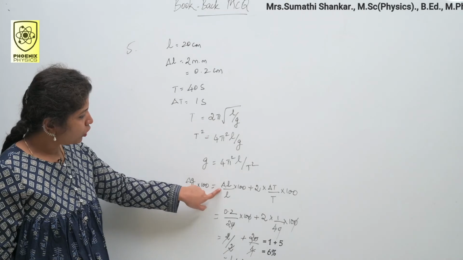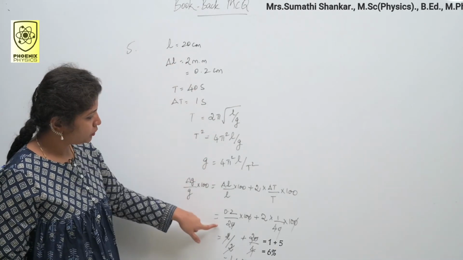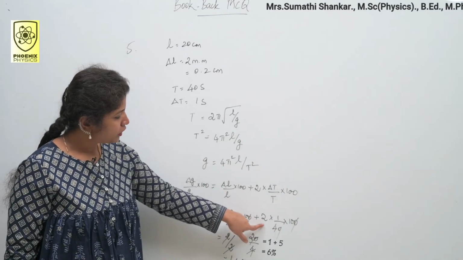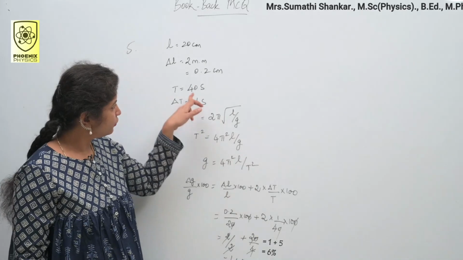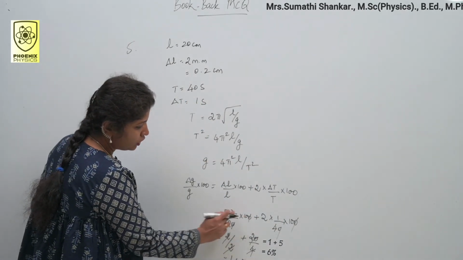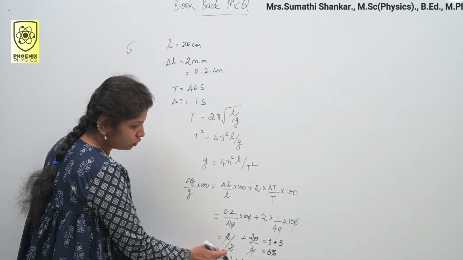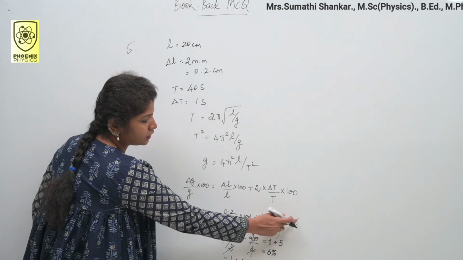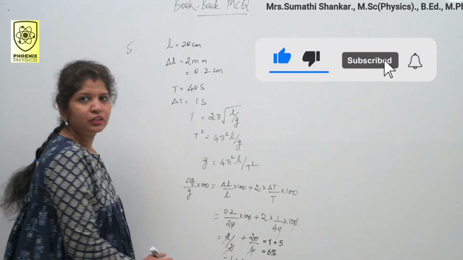Substitute the value. What is delta L here? 0.2. L is 20 centimeter, then 100 plus 2 into delta T is 1 second, T is 40 seconds, into 100. Cancel the 0, multiply 0.2 with 10, you get 2 by 2, plus here cancel this 0, then 20 by 4. Your answer is 6%.